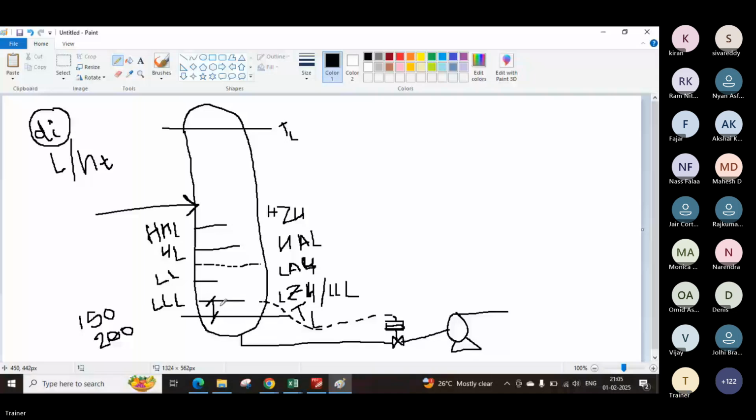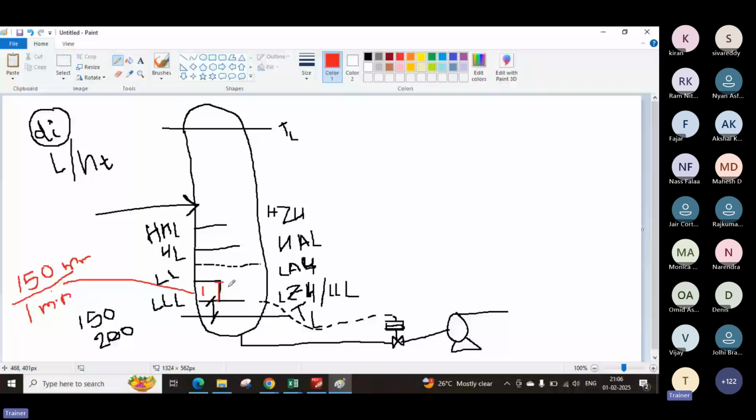Then low liquid level, I will use this color. Low liquid level to the low liquid level is minimum 150 mm or 1 minute time, 1 minute residence time of a liquid.